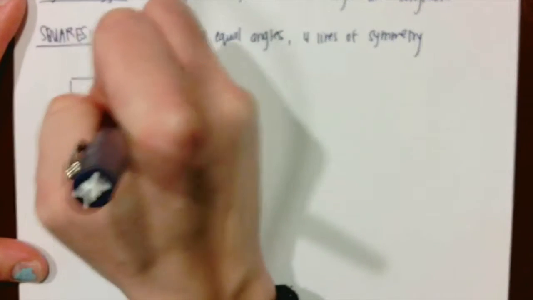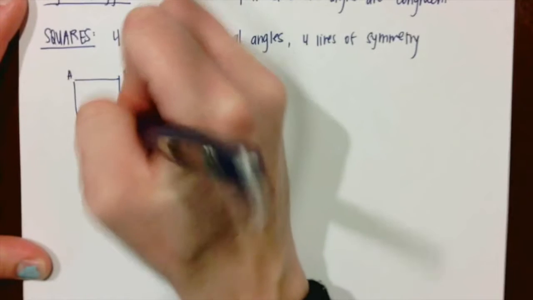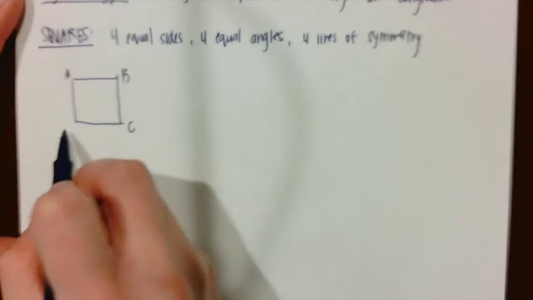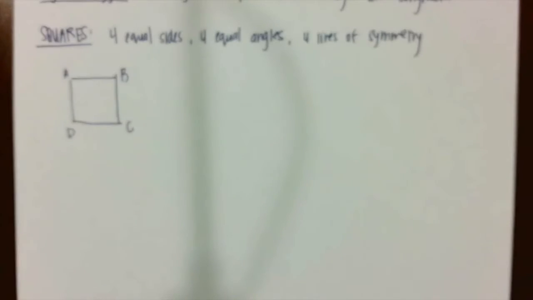So let's draw our square. Point A, B, C, and D. And then we can draw 4 different lines of symmetry in here.